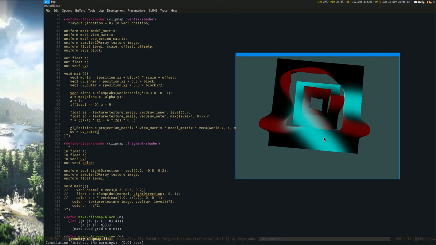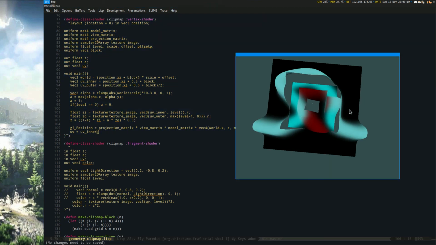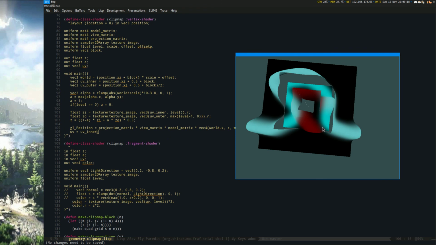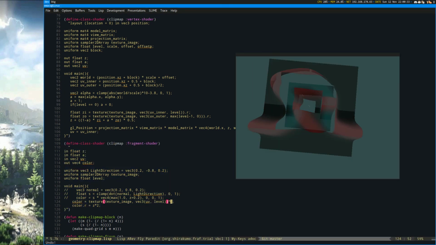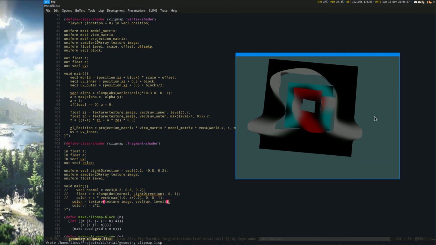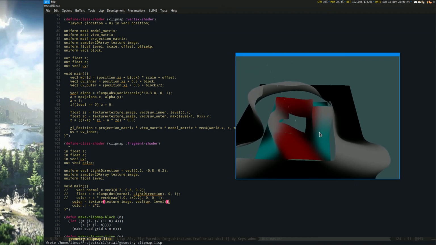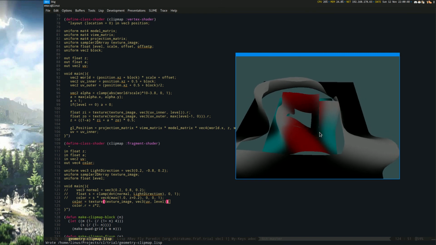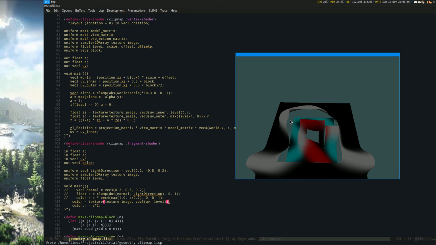No, the UV looks right, doesn't it? I don't know. It's almost as if that's this over there.